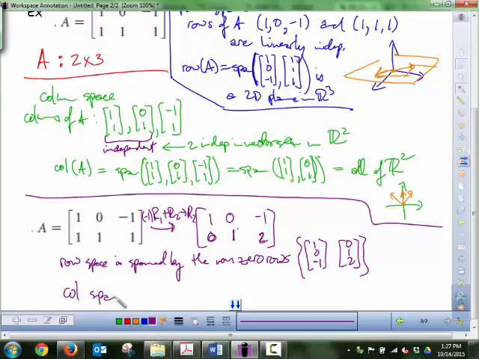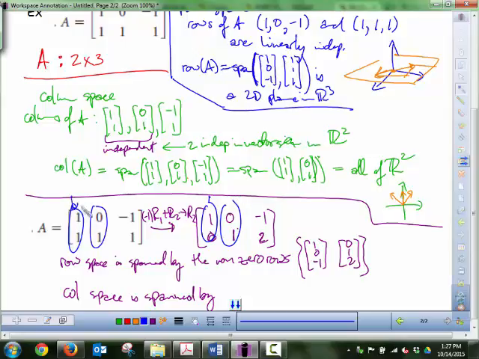Column space is spanned by... and what we do for the column space is we look at the pivot columns, or the columns with non-zero elements as a leading entry. I circled those two, but I actually didn't want to circle those two. What I wanted to circle was the two columns from the original matrix that match with the columns of the reduced matrix.